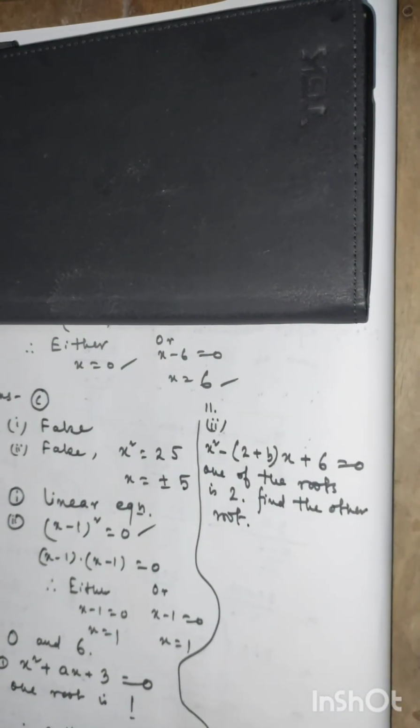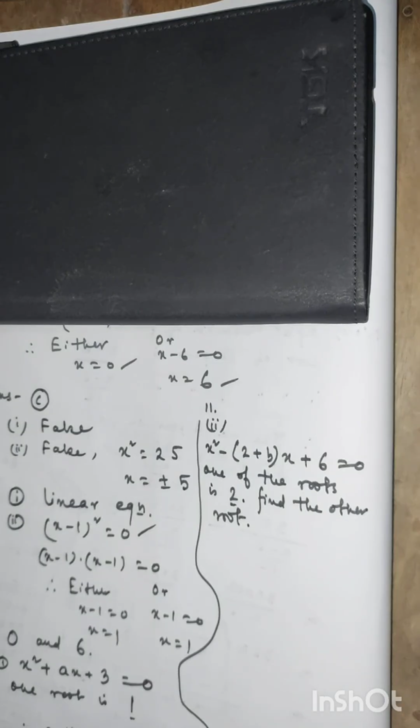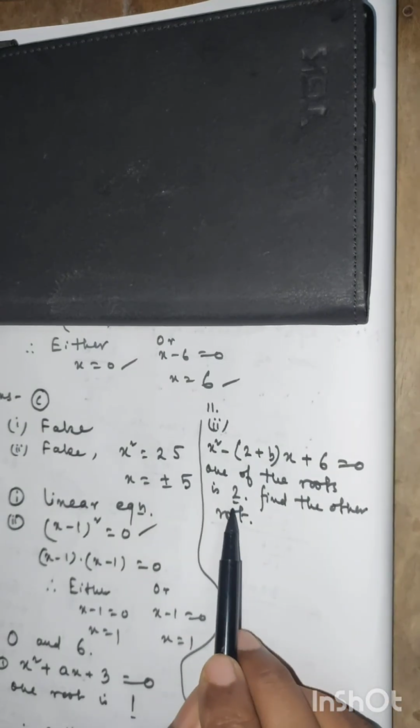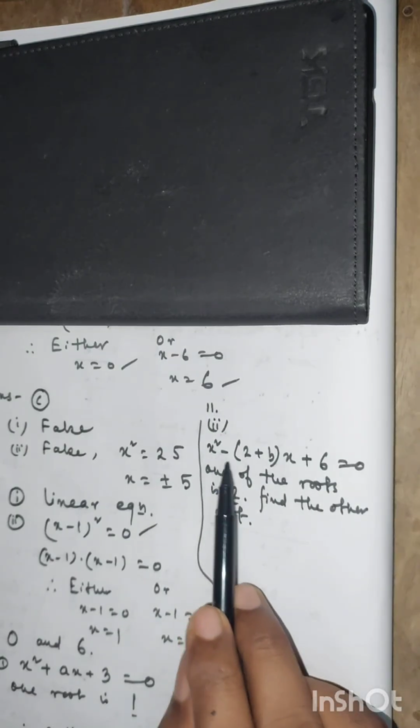So one root is given, that is 2, and we have to find the other root of the equation. Now if 2 is one of the roots, then we can just put 2 in place of x, and this will satisfy the equation.